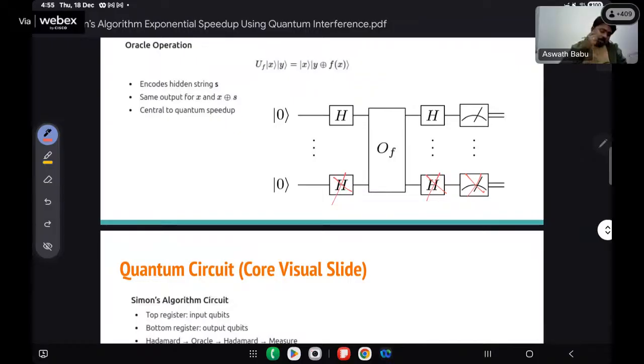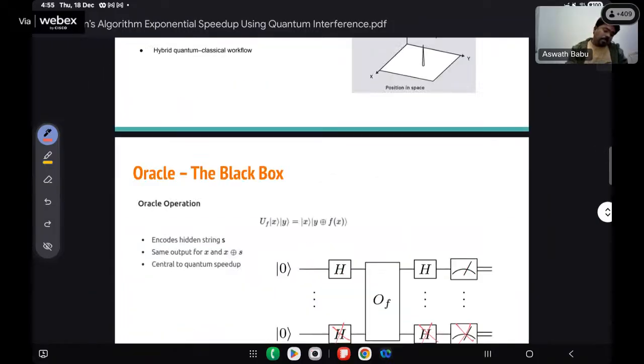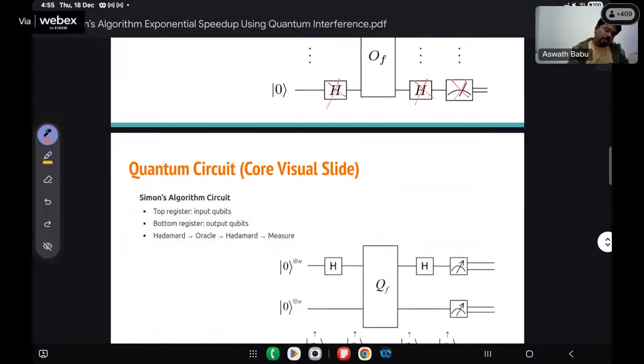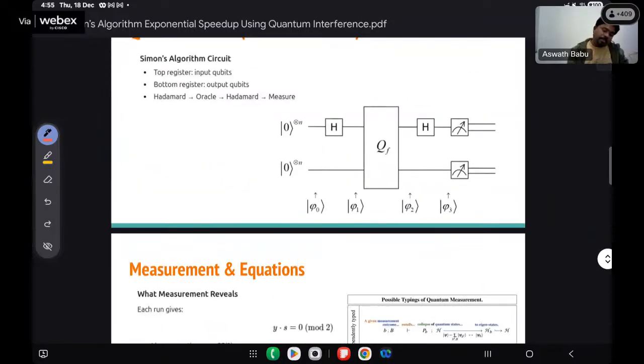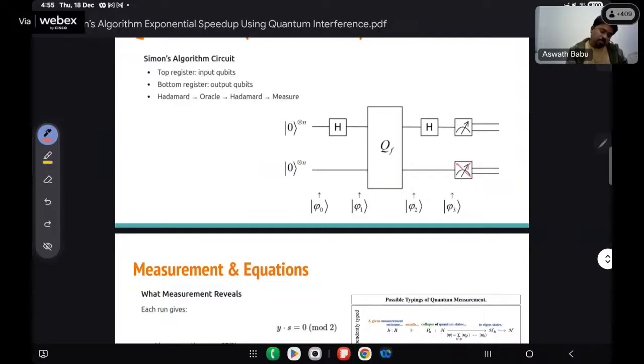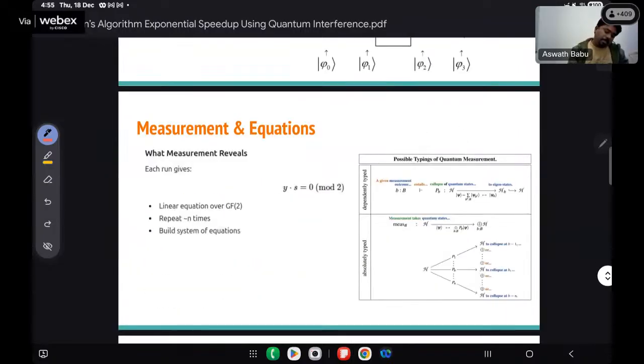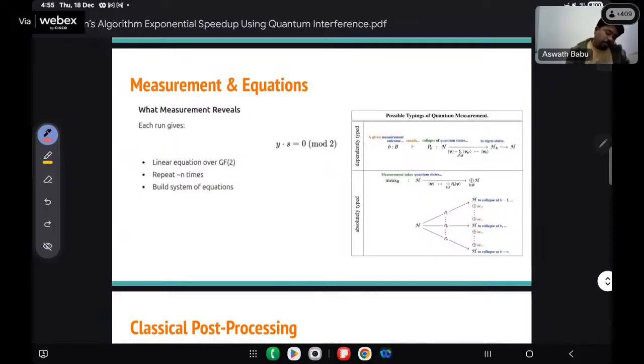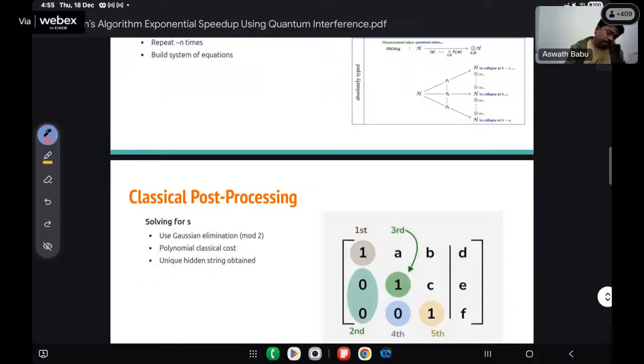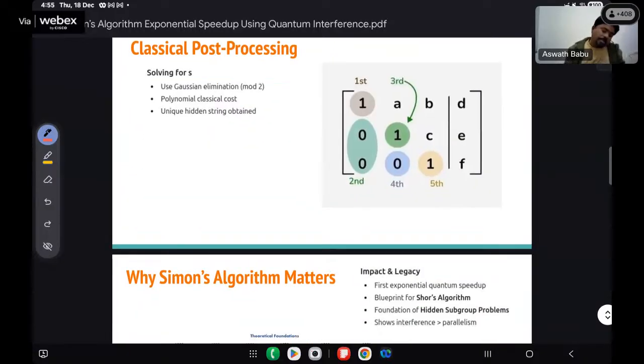At the query part only, the next circuit is the Simon's algorithm circuit. Measurement is not required at the ancilla. You would be getting multiple equations, and from there you have to find the S value, the S bit string, using classical post-processing: the Gaussian elimination method on the matrix.